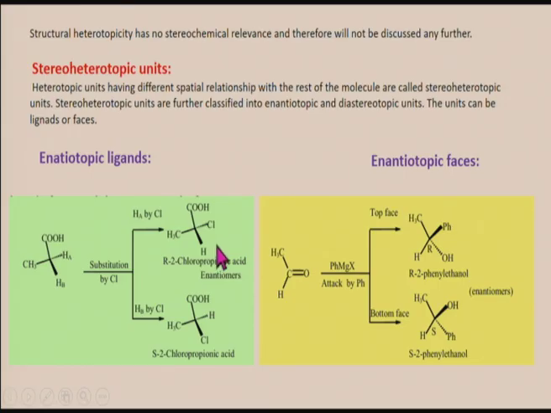In the structural heterotopic ligands we get structural isomers, and in this case we get stereoisomers. So, this is the case where replacement of the hydrogens with chlorine results in the formation of enantiomers.